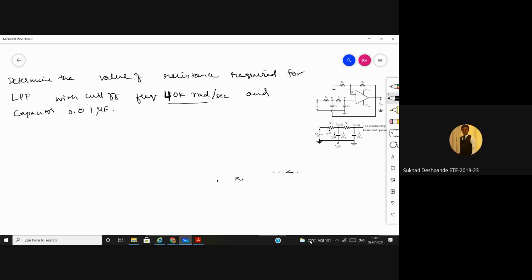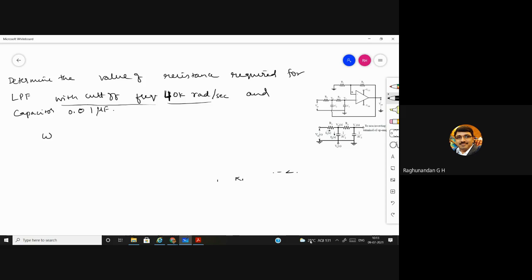Omega, sir. Omega means what? Angular frequency. Right? They are telling with cutoff frequency 40k, it is obviously omega. Which omega is it? Omega L, omega H.